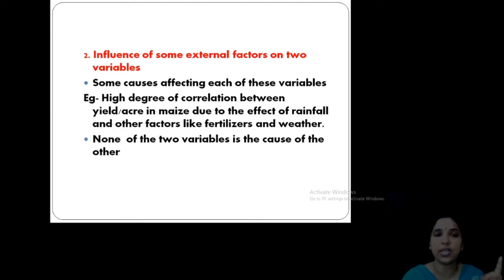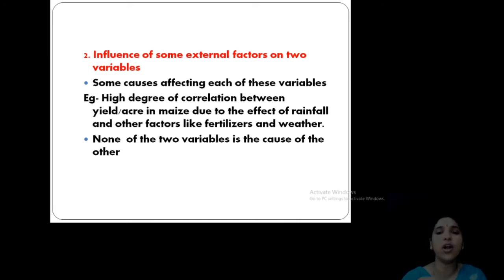That's the first reason. The second one is the influence of some external factors on two variables. When an external factor influences two variables, then a relationship exists. For example, the yield of wheat or maize, yield per acre, due to the effect of rainfall, fertilizer, weather, or whatever it may be.